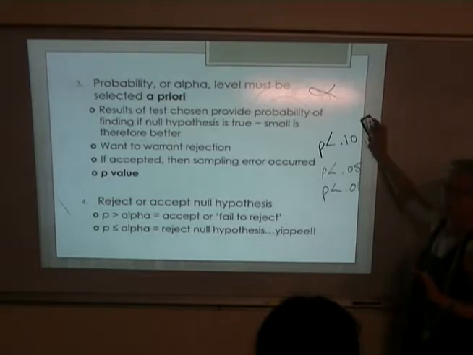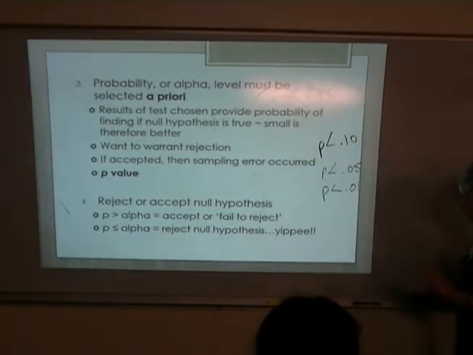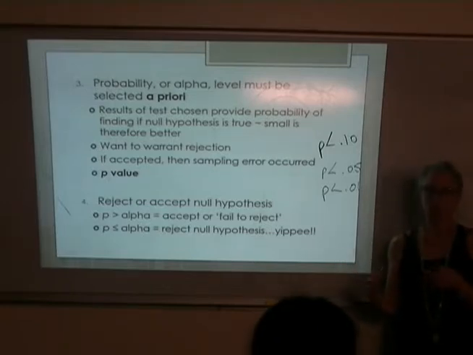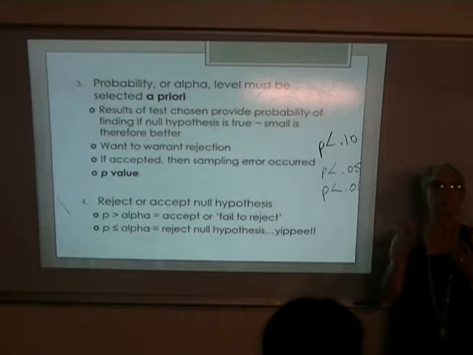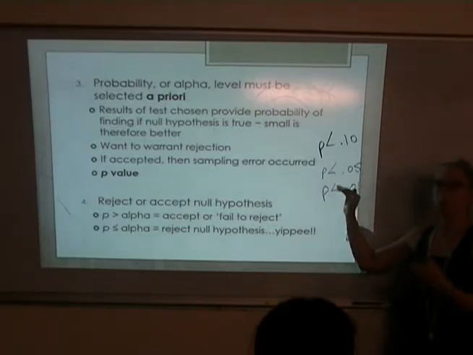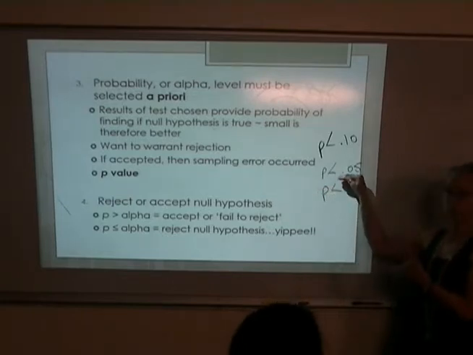Now, do you want us to do this on our final project to find our P's and stuff? No, because you won't have any data to run. But when you're writing your summary on the articles that you found, when you are reporting your results, you should report whether the results were significant, and if they were significant, what was the P level.